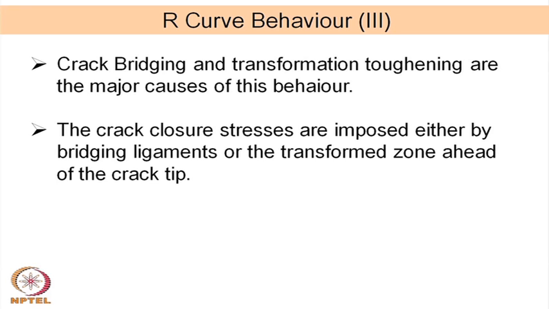If we remember how exactly the toughening takes place by the transformation mechanism, the material ahead of the crack tip gets transformed and forms a compressive stress, which does not allow the crack to further propagate. So, the energy is basically absorbed by this transformation toughening.